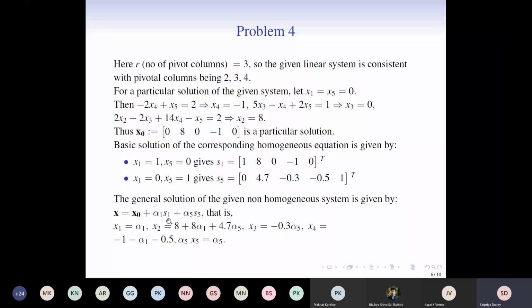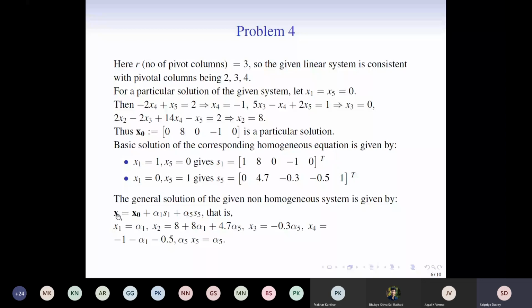This we have also seen in class, right? What does x correspond to? x corresponds to the column vector x1, x2, x3, and this bold x0 is this. When we equate vector-wise, what do we get?